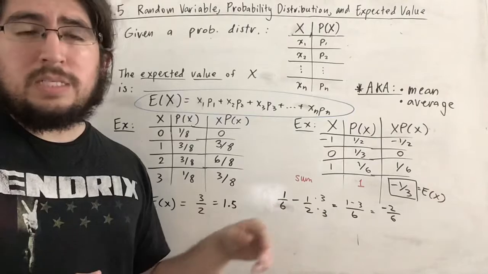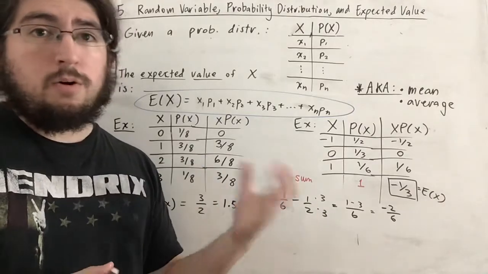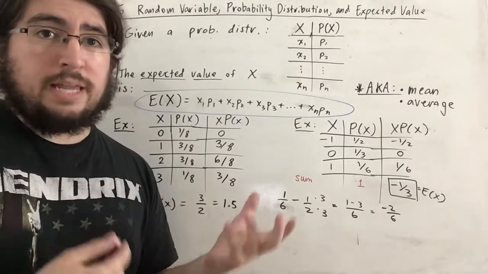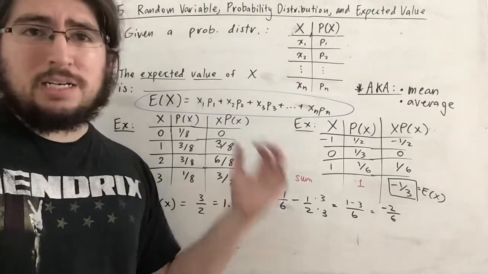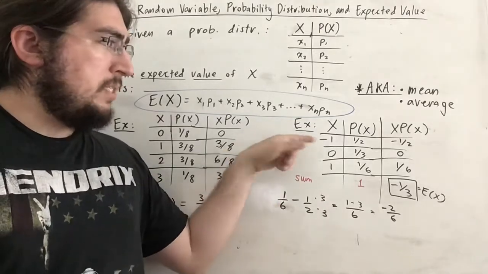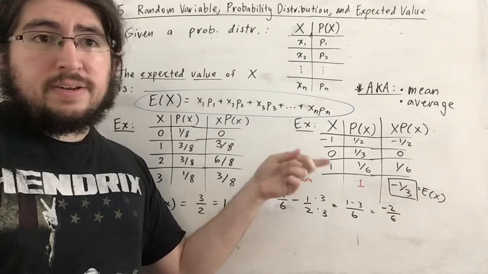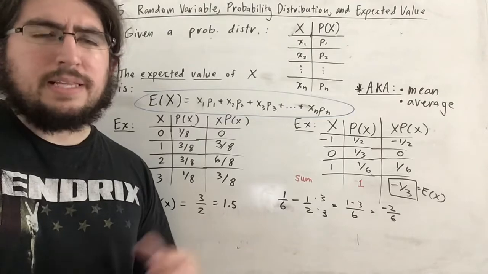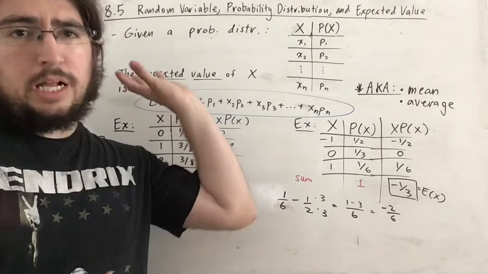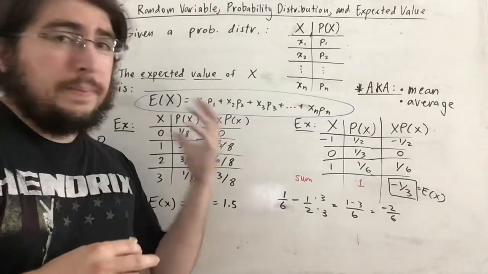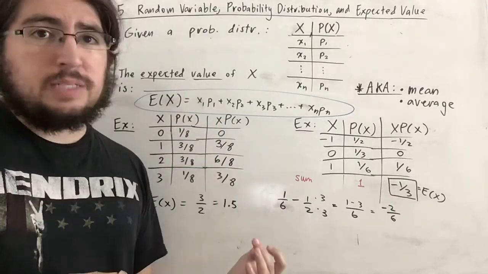So X would represent either winning a bet or losing a bet, and the actual amount would represent winning that amount or losing that amount. So in the context of gambling, this would represent losing $1, breaking even, or gaining $1, something like that. So we'll take a look at an example where I'll actually write it out, and then we'll be able to hopefully translate it into a nice probability distribution and then find the expected value and go from there.